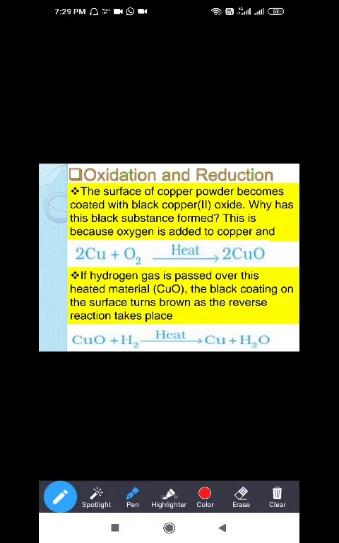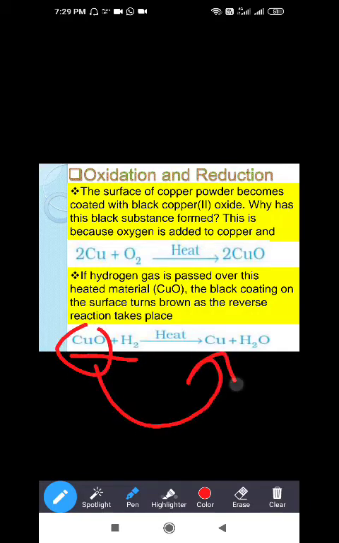In the next chemical equation, you can see the oxygen from the copper oxide is getting removed. There is oxygen getting removed from the copper. That's why this is the reduction. But it's not only the reduction.